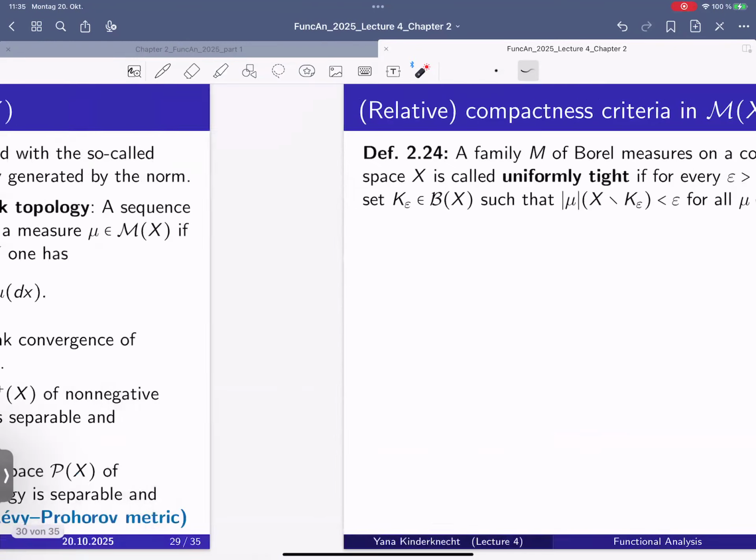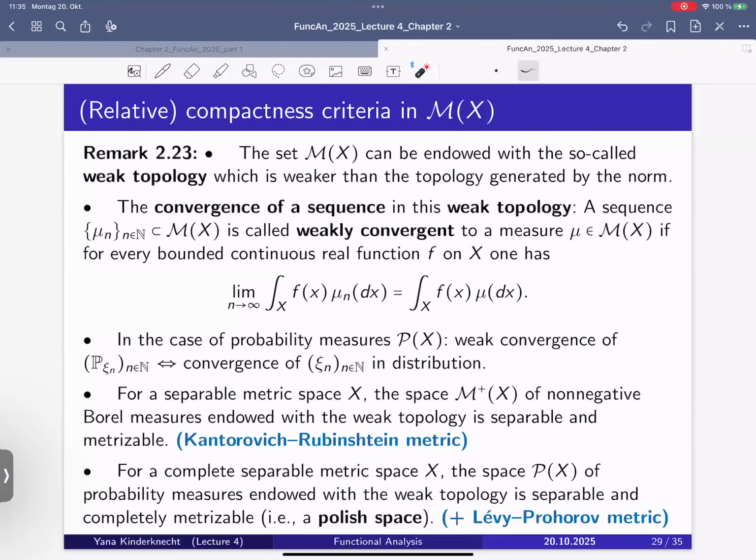In the good cases we consider, these spaces are metrizable and separable. So to discuss the topology, it is enough to have convergence of sequences. We don't need nets or neighborhoods. It's enough to have sequential convergence.